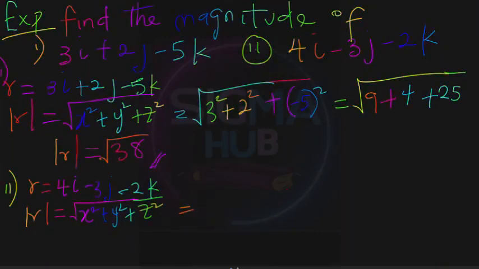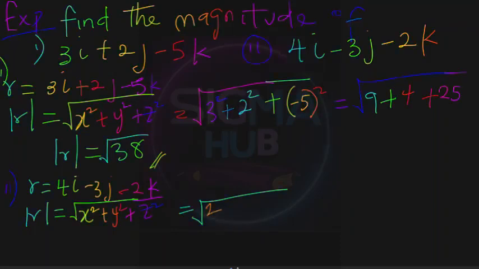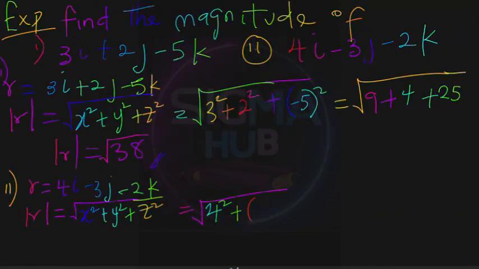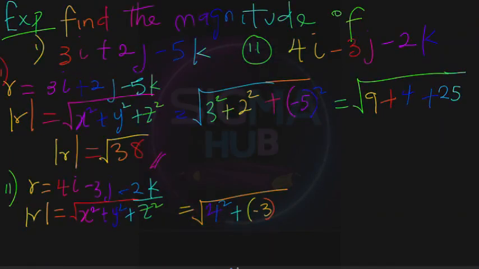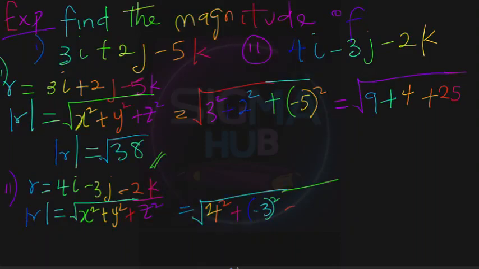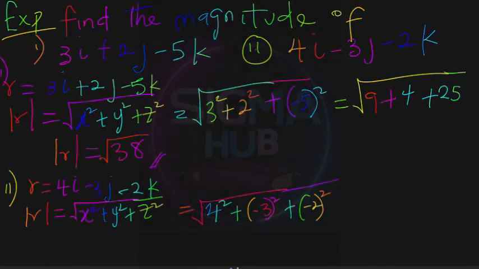So which is going to be equal to the square root of, in this case, our x is 4. So we have 4 squared plus y is minus 3. So open your bracket, minus 3 squared. While z is minus 2. So plus, open bracket again, minus 2 squared.